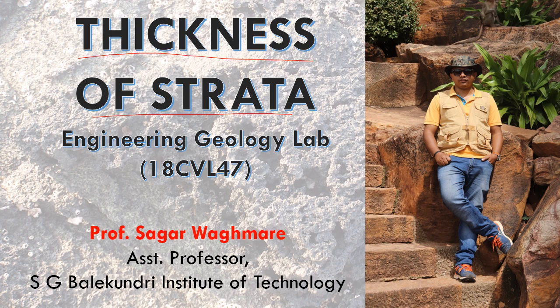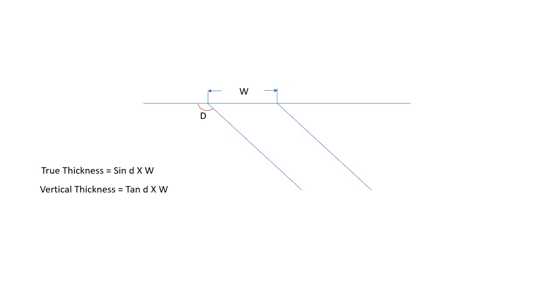Let us first understand the concept of what exactly is meant by the thickness of strata problem, and what terminologies are involved in it. If you observe this, there is a ground here, this is the line of ground. Then this is the strata, which is dipping.